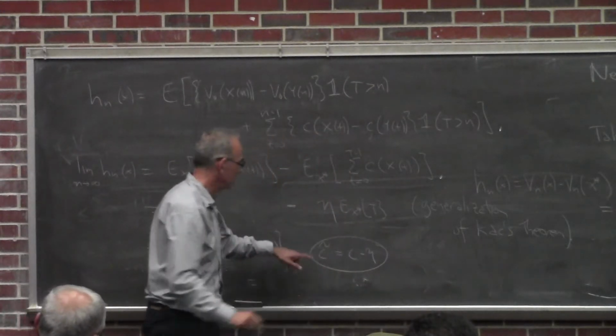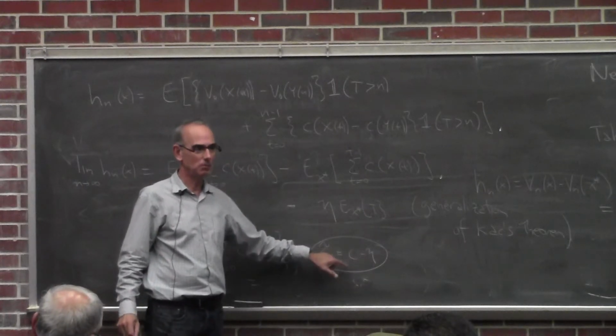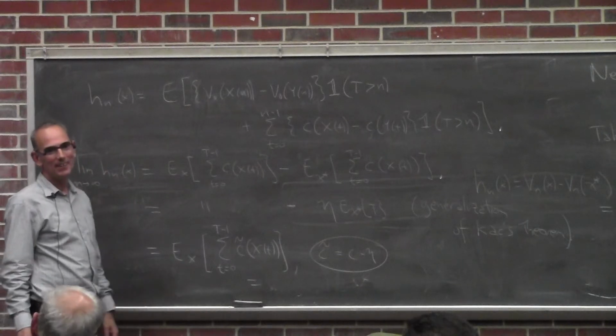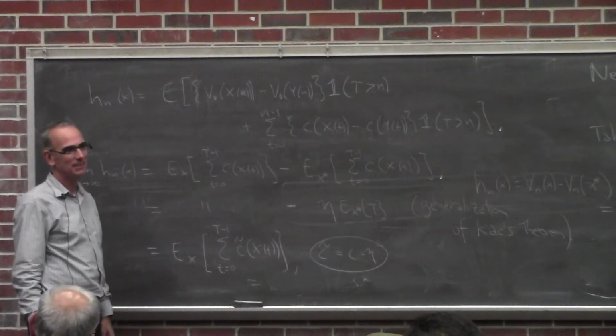Okay, I warned you, whenever I write a tilde, I mean I'm normalizing it so it has mean 0. And I get from here to there, and that looks like our old friend.